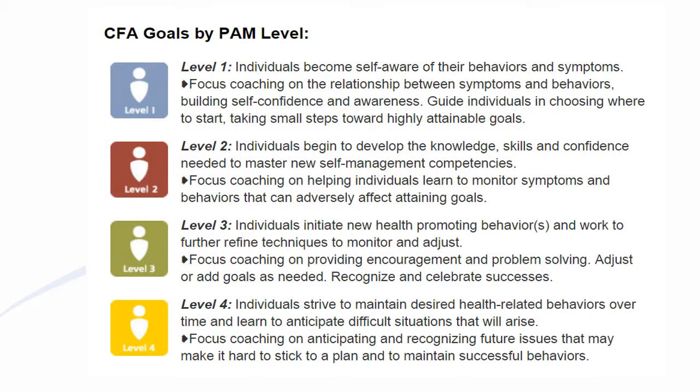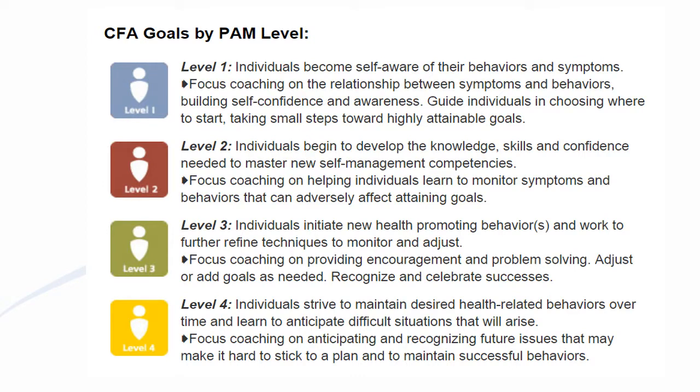And each level has goals. So a level 1's goal is to help them to become more self-aware, help them to be more confident, help them to make small steps toward attaining achievable goals. Level 2 helps to, again, improve confidence, help them to master their overall self-management competencies, and to help them to monitor any symptoms, take their blood pressures, take their blood sugars and so on in order to properly and effectively maintain or manage their condition.